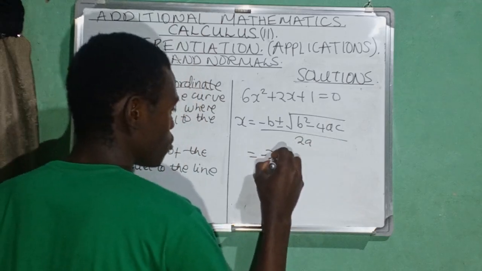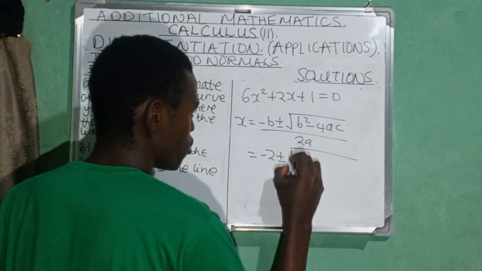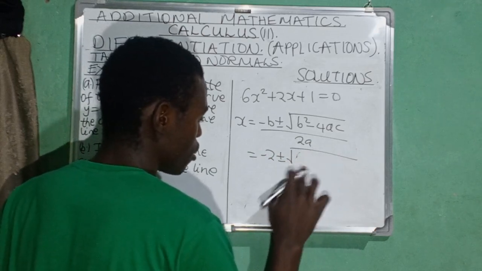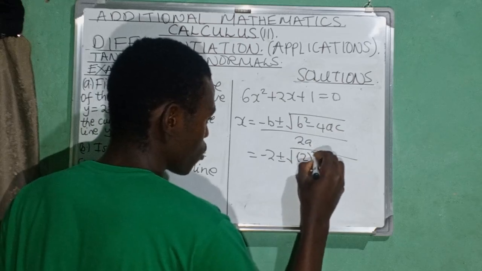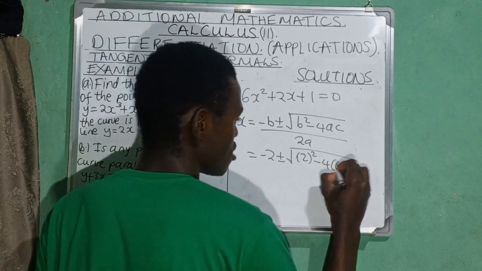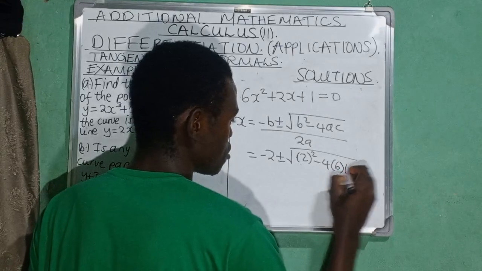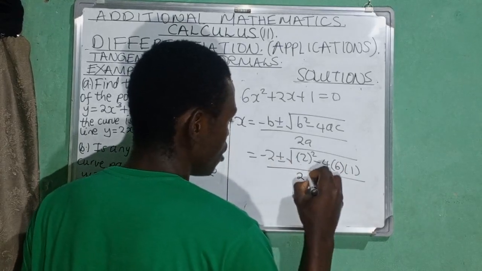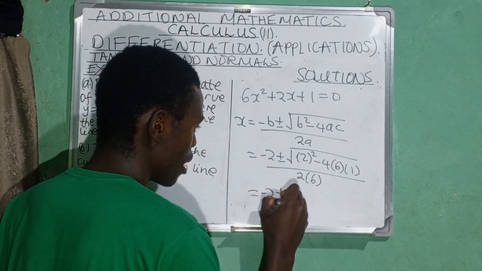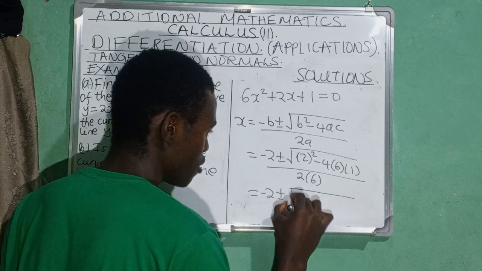It's going to be -2 plus or minus the square root of b, which is +2, squared minus 4 multiplied by a, which is 6, c, which is +1, you divide by 2 times +6. It's going to become -2 plus or minus the square root of what?